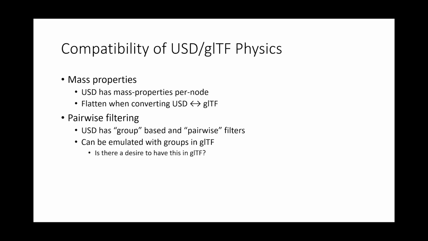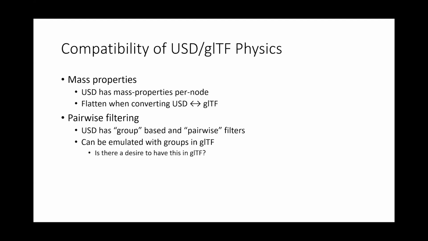Then the other thing, which I think is quite reflective of the way USD composes scenes, is that USD has explicit pairwise filtering, so you can specify a path to a rigid body or geometry, and you can say these objects do not collide.